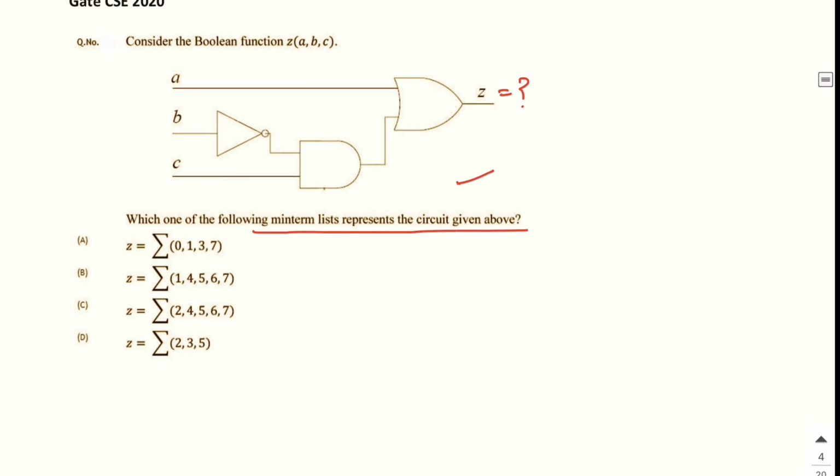At this point this is the NOT gate, so we are getting b bar. Then b bar is getting ANDed with c, so at the output of this gate you have b bar c, and then over here you have a plus b bar c. So definitely I have my output z equal to a plus b bar c.